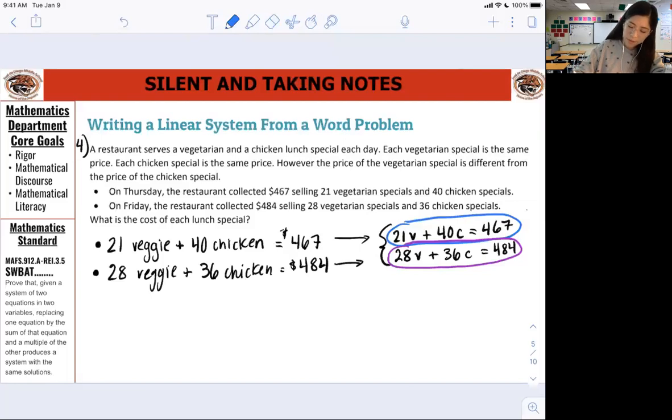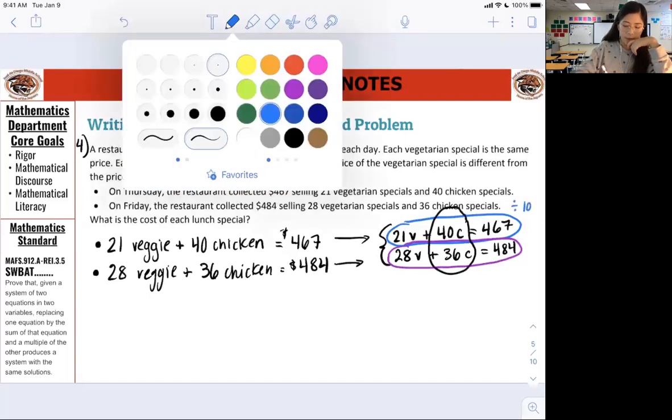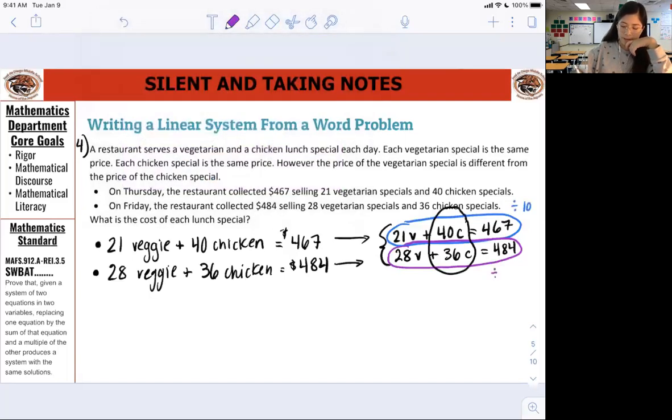So first of all, which variables will that eliminate? The C's. Okay. Wait, make one of them negative. Good, I was just going to say that. Do you see what he did? He said top one divided by 10, bottom one divided by 12.